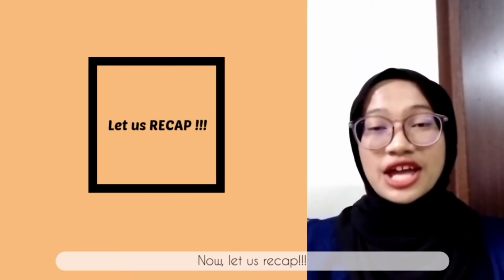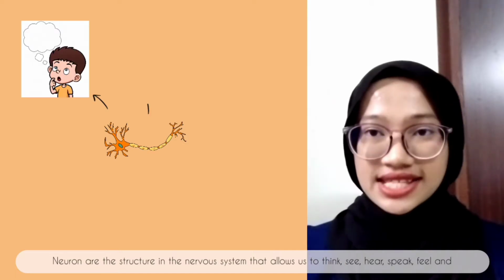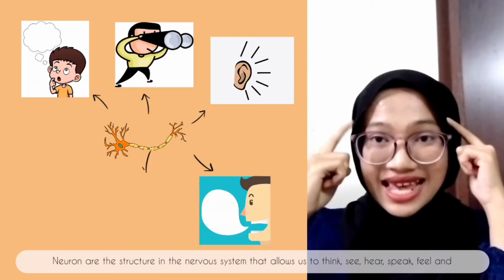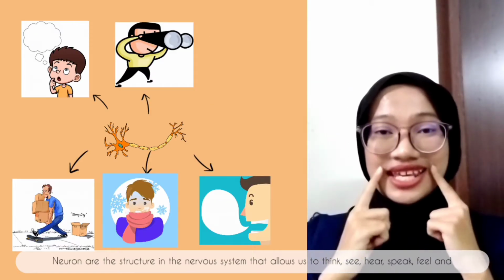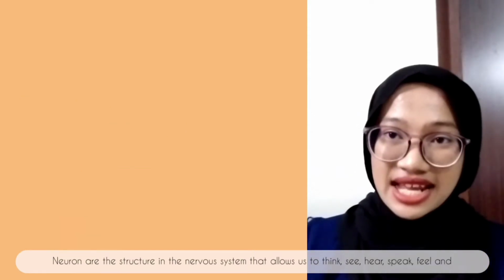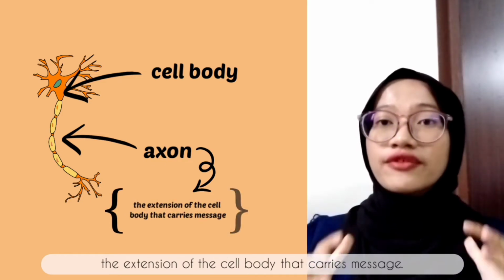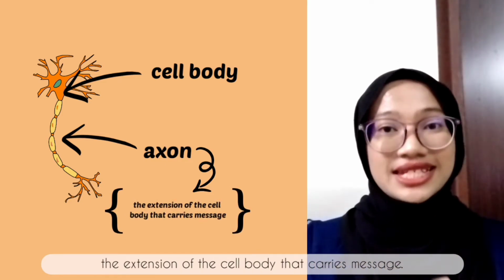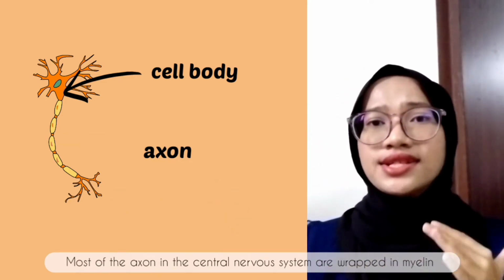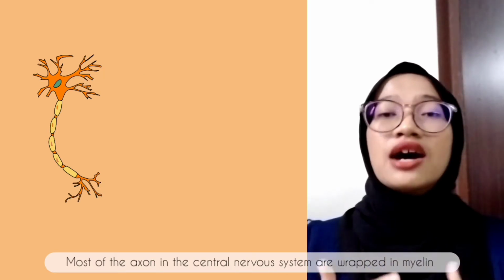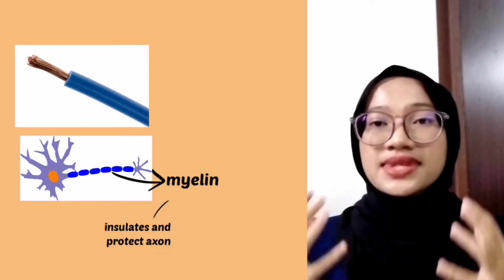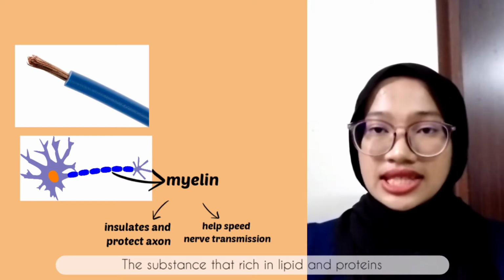Now, let's recap. Neurons are the structure in the nervous system that allow us to think, see, hear, speak, feel, and eliminate. Each neuron is made up of a cell body and axon, the extension of the cell body that carries message. Most of the axons in the central nervous system are wrapped in myelin, a substance that rich in lipids and protein.